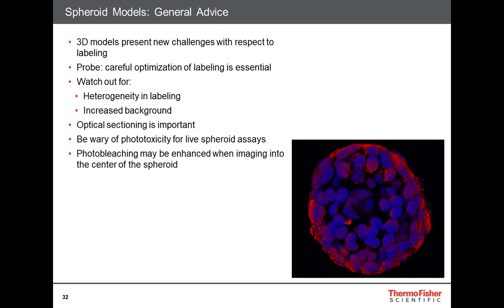So things that are valuable here are optical sectioning using confocal microscopy, as we saw with the Cx7 Laser instrument, where we're able to visualize cells in a single plane of a single optical slice through our specimen. And we need to watch out for phototoxicity, especially if we're doing analysis of live spheroids, where excessive exposure to light can be toxic to those cells.